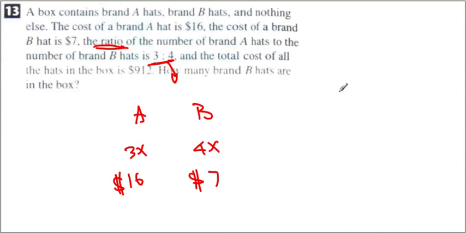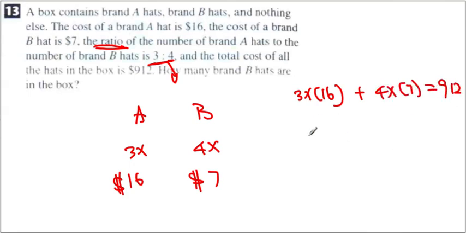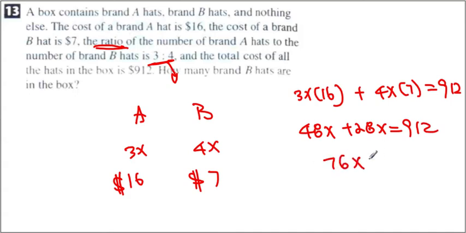In other words, 3x times 16, plus 4x times 7, when you add them up, it becomes 912. So this portion becomes 48x, plus 28x equals 912. When you combine them together, we get 76x equals 912.